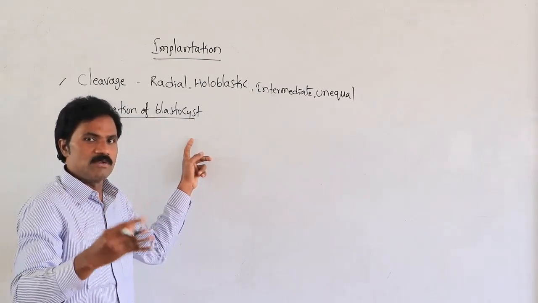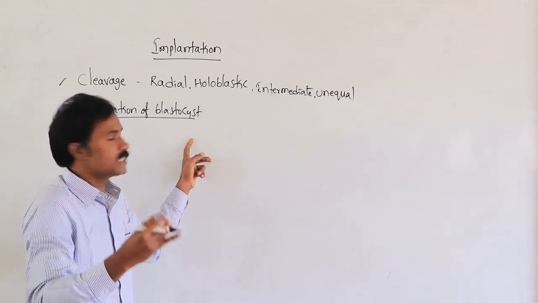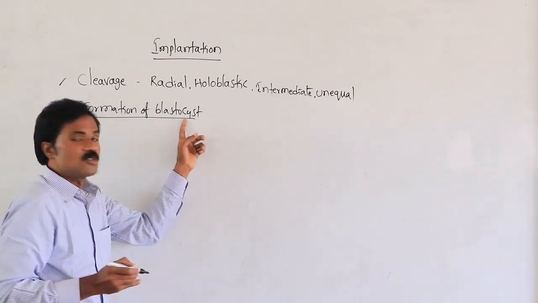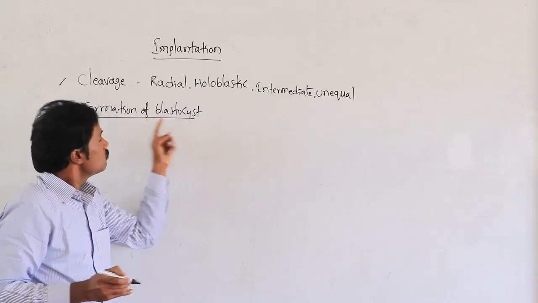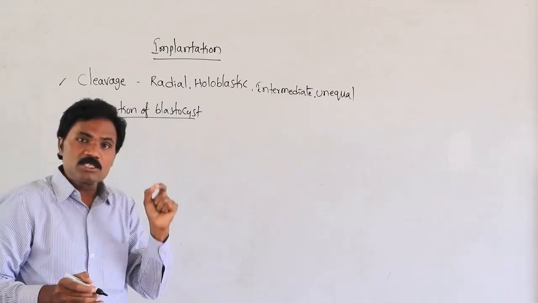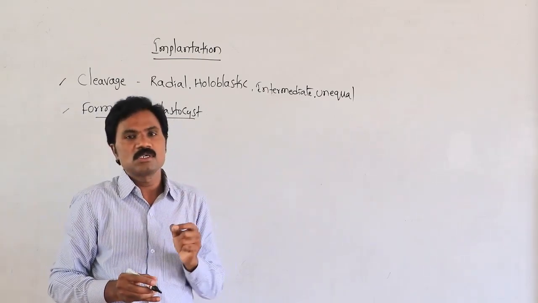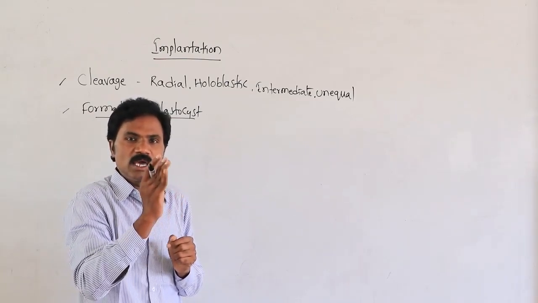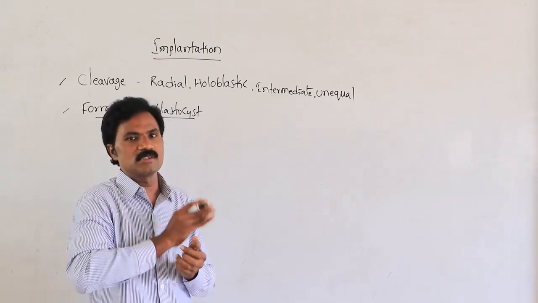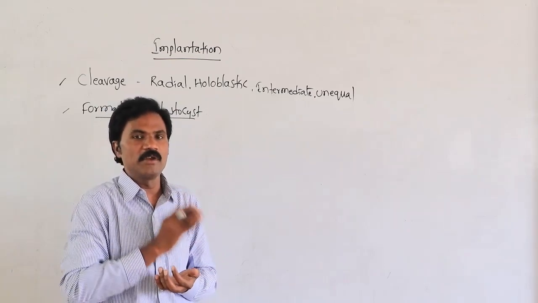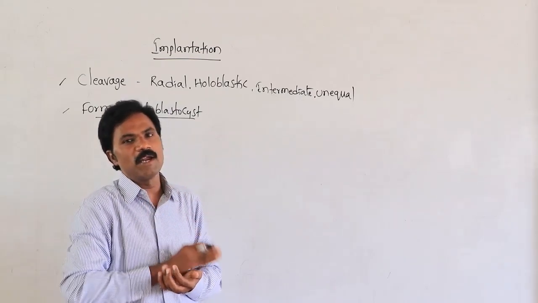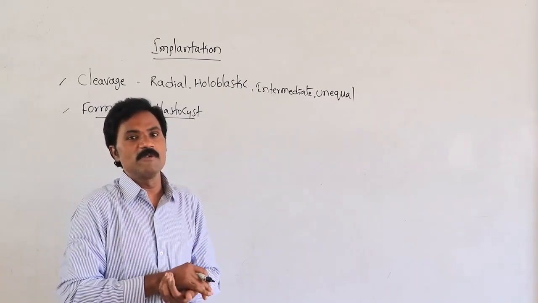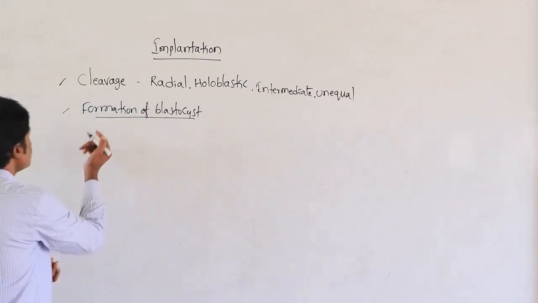Like that, cell division continues. Once the blastocyst is formed, the process of attachment of the blastocyst to the inner wall of the uterus, the endometrium, we call implantation. So first of all, how the blastocyst is formed.